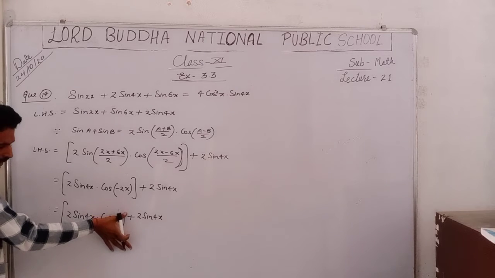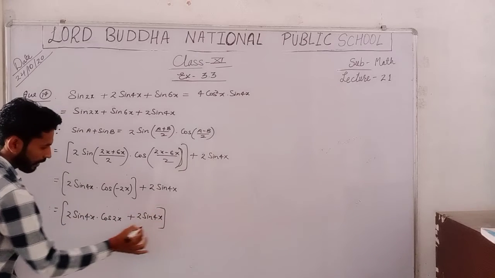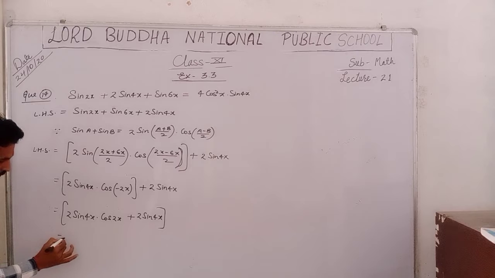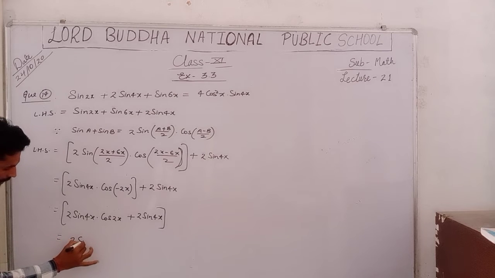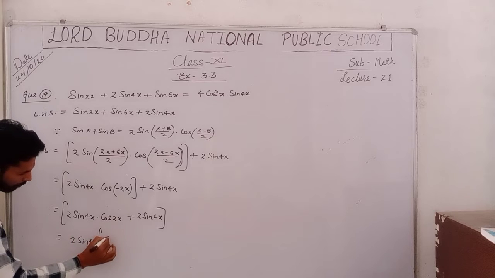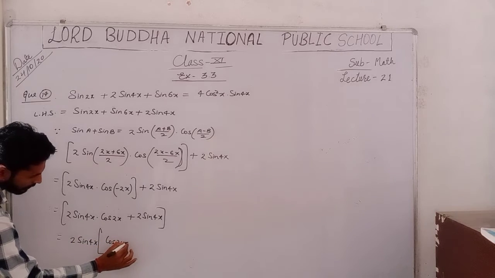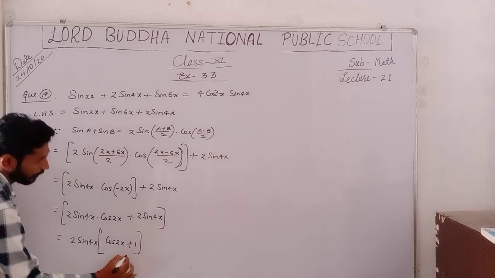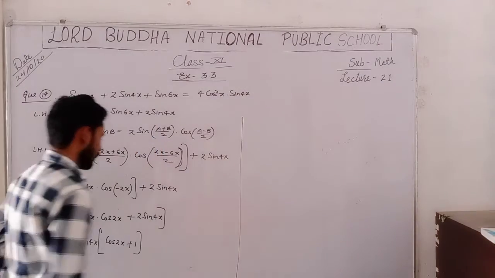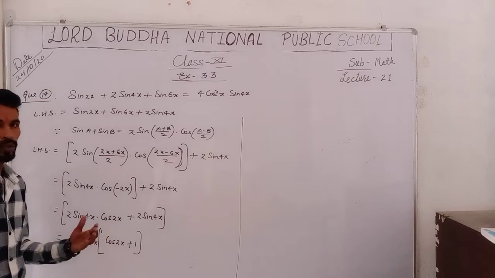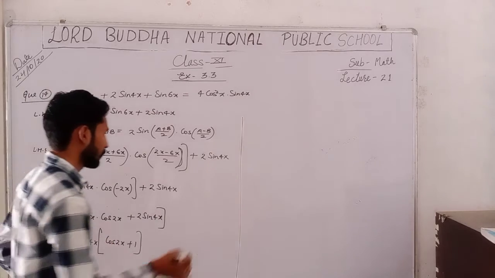Removing the bracket, we can write this form. Now if we take 2 sin 4x common, then in the bracket there will be cos 2x plus 1.